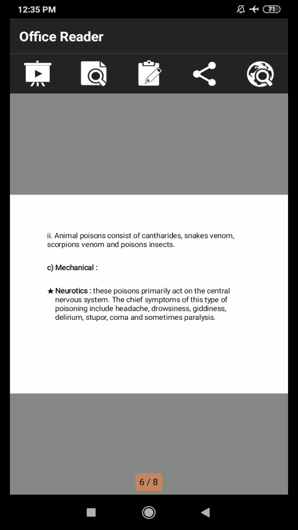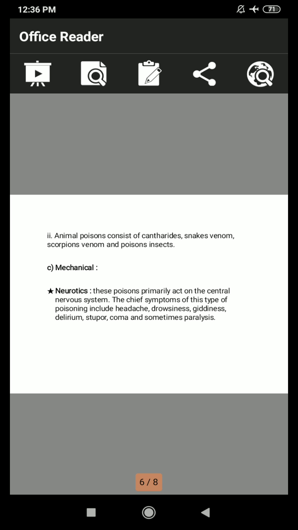First is vegetable poisons, including castor oil, colocynth, ergot, alloys and marking nuts. Second is animal poisons, consisting of cantharides, snake venom, scorpion venom and poisonous insects. And third is mechanical, which includes powdered glass, sponge, diamond dust and chopped hair.